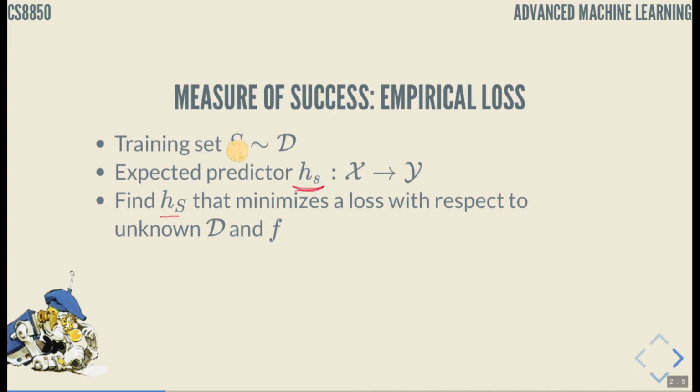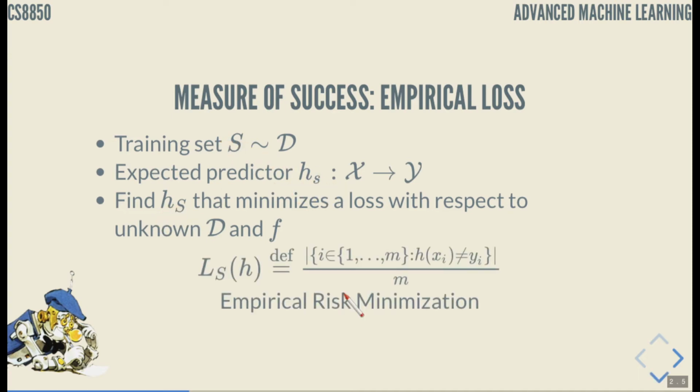And once we do that, we can define our empirical loss. And now we can do empirical risk minimization. So this loss is with respect to a training set, and it computes an error, or a loss, an expected error of that learner.